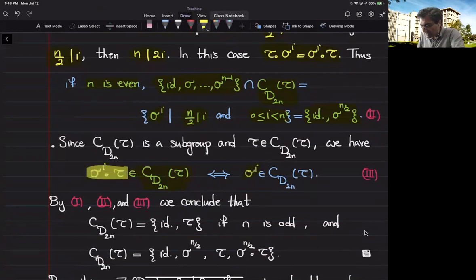This is a subgroup and tau belongs to this subgroup, so I can multiply by tau inverse, and it should still be inside this group. When I multiply by tau inverse, I end up getting sigma to the i.